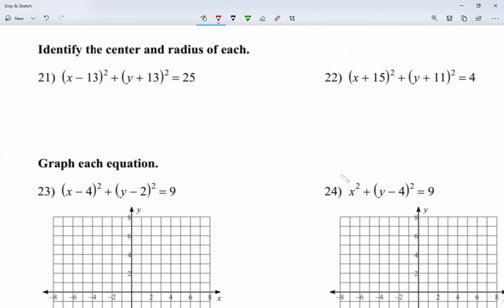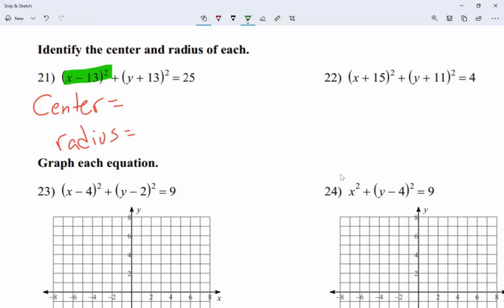Looking at question number 21, identify the center and the radius of each. So I need to find out the center and the radius. For the center, I'm going to use these values in the parentheses. Notice how one of my parentheses has an x, the other one has a y.